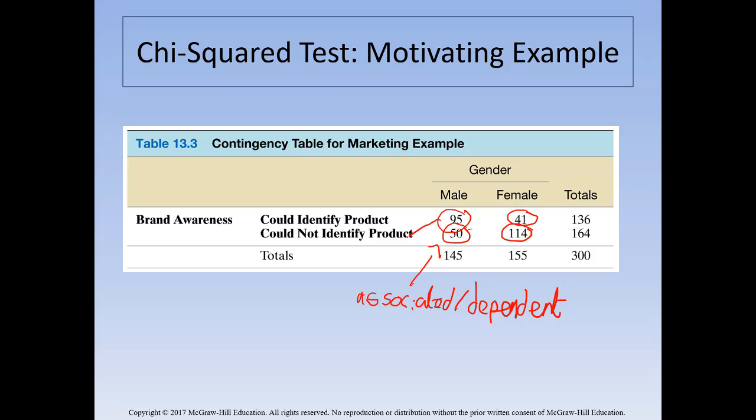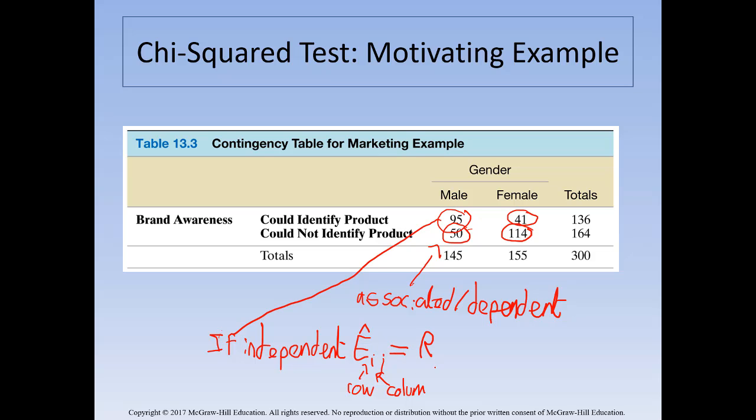Now, if they were independent, then the expected value, and we're going to call this the expected value for cell i and j, would be the row total times the column total, all over the total n.